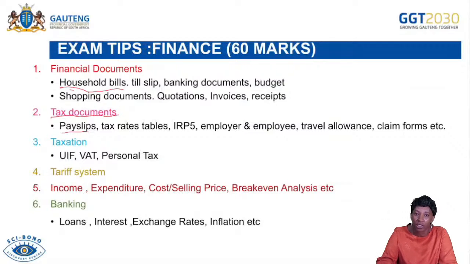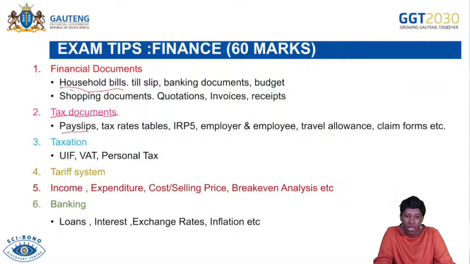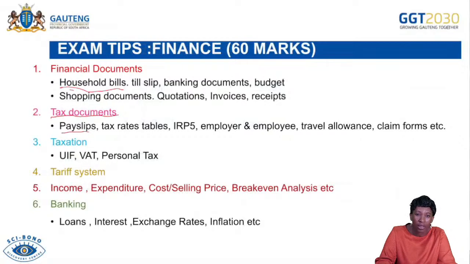You know what is reflected on the pay slip. Who is the employer? Who is the employee? How much are they earning? The position the employee is holding at the company. Which company are they working for? When are they getting paid? The ID number, the personal number or the clock number or the identification number, not the ID.